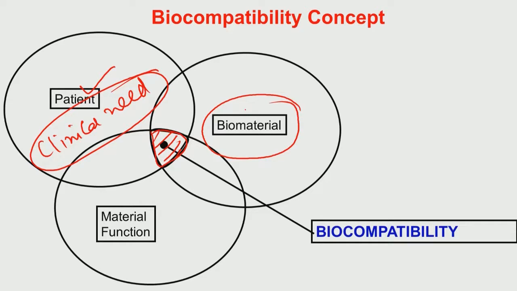Now, in biomaterials it is not that all the properties of the biomaterial would have direct relevance to clinical need, but may have some peripheral relevance. Certain material functions are essentially defined as biocompatibility properties. So, this biocompatibility would be much more relevant to the clinical need. Therefore, biocompatibility can be better described as a common area of intersection among these 3 circles, with one circle being patient, another one biomaterial, and the third one biomaterial function.